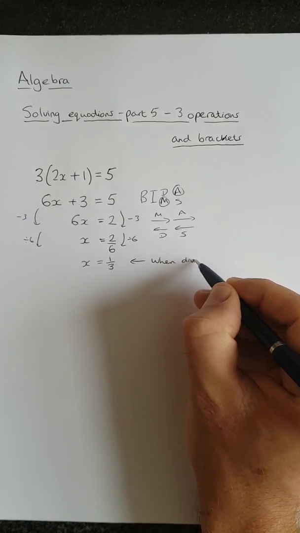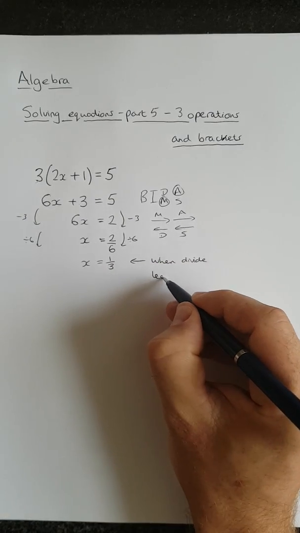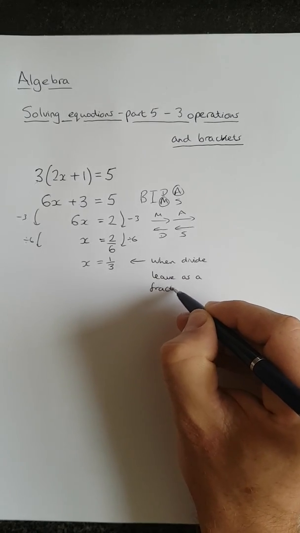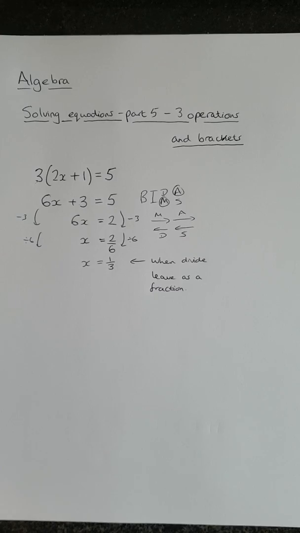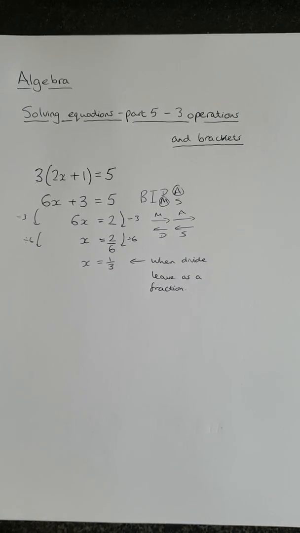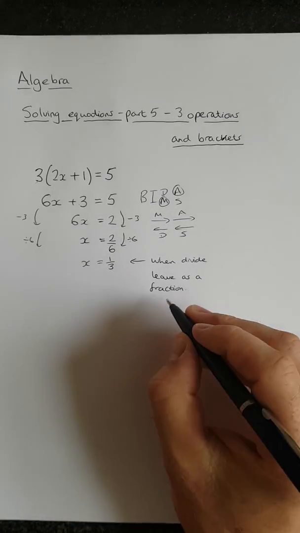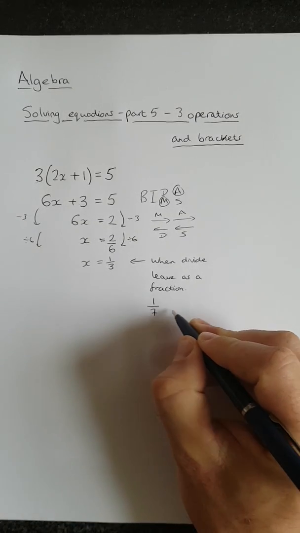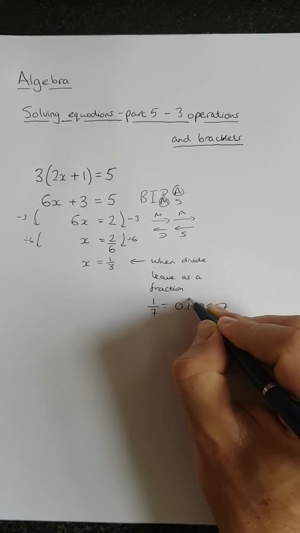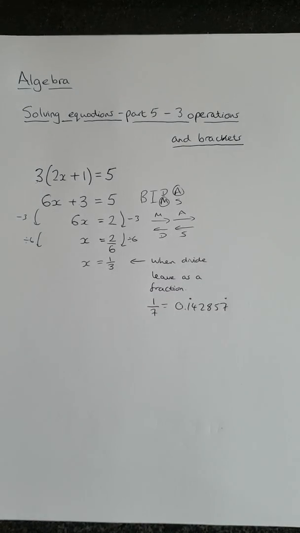When you divide in solving equations, leave as a fraction. There are some numbers you have to divide by that would give you very difficult decimals. Take, for example, 1/7: 0.142857 recurring.